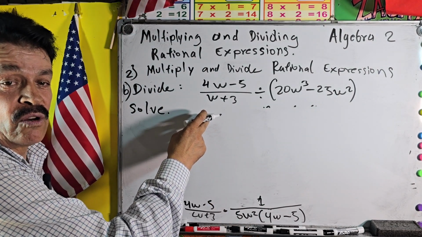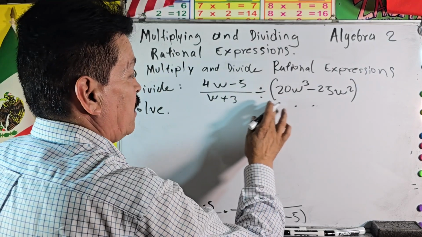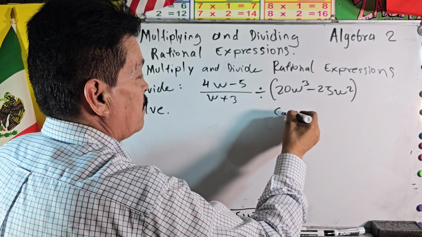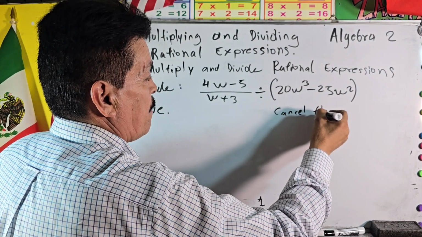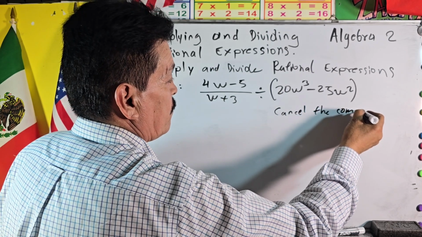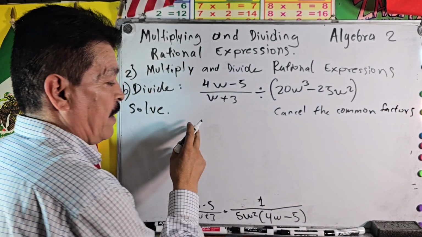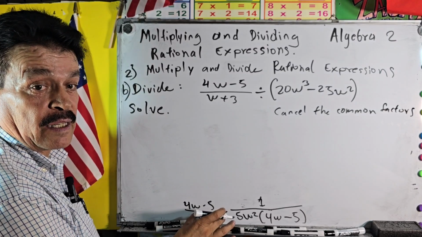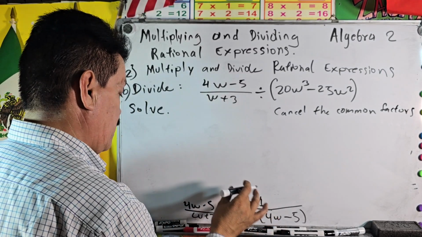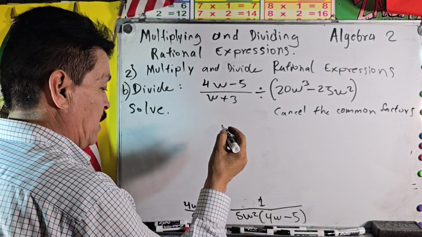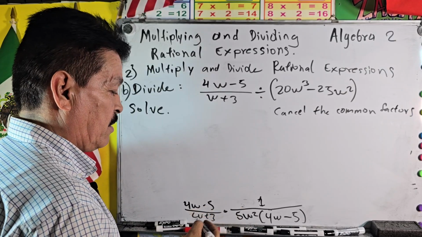All right, so the step is cancel the common factors. We are right here. See, cancel. I will write the same thing here, and cancel the factors out.